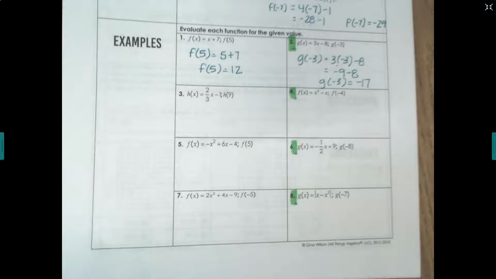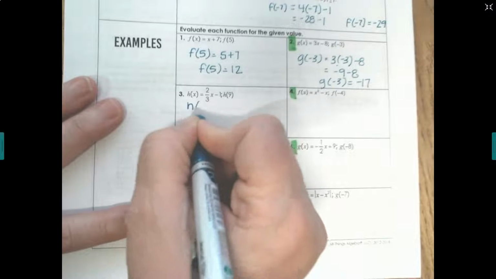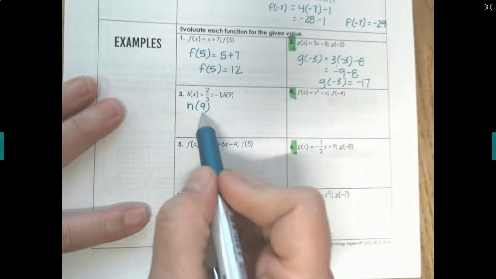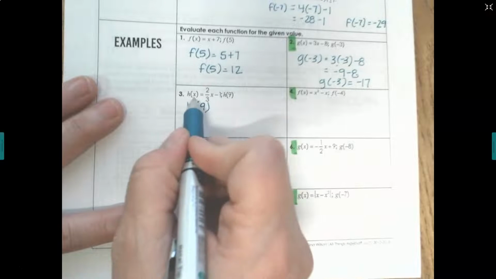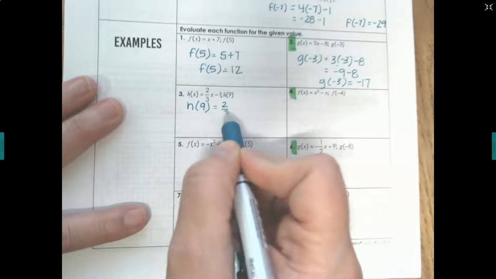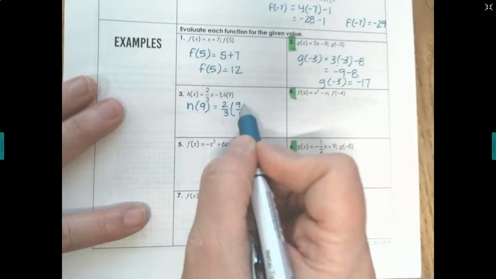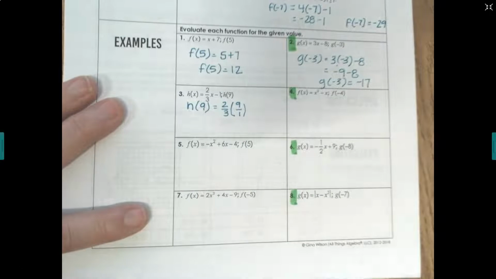This one looks a little more complicated because it's got a fraction in there. We're wanting to find h of 9. The 9 is in the x spot. So instead of saying h of x, we have h of 9. So put it in the x spot. So 2 divided by 3 times 9. I'm going to put the 9 over a 1 so you can kind of see it as a fraction.